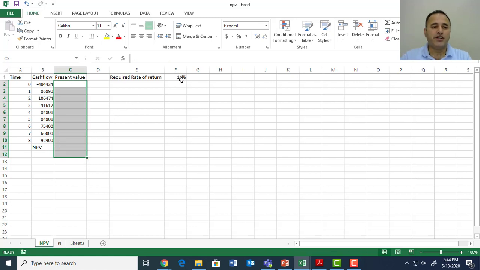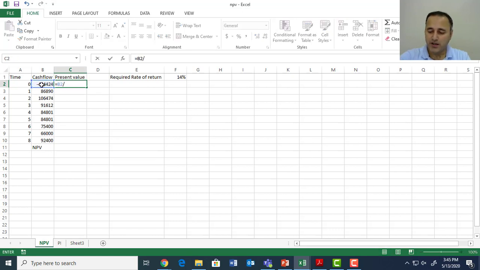So the required rate of return is 14%. My first task is to calculate the present values of all cash flows. So this number divided by 1 plus the discount rate, and then raised to the power of the year.